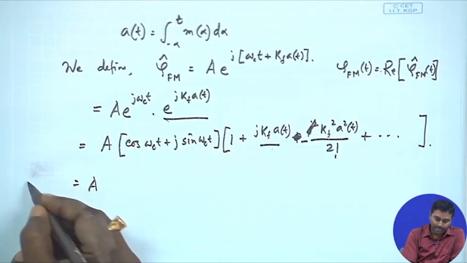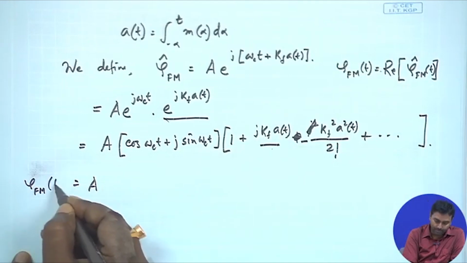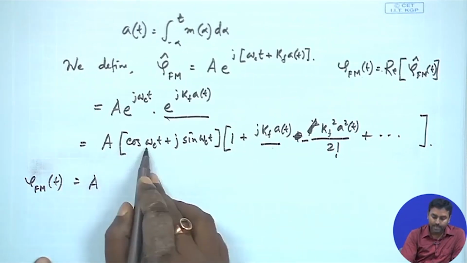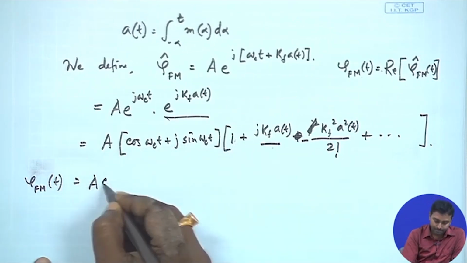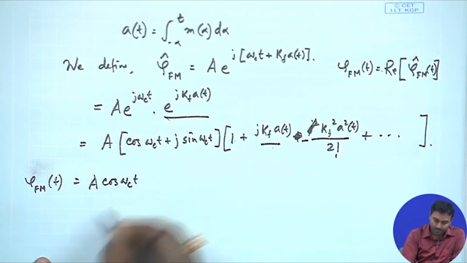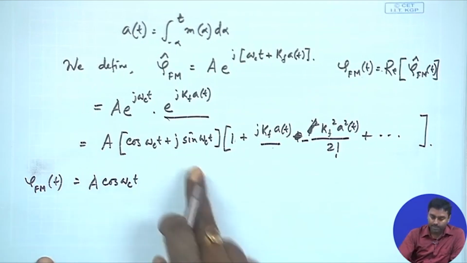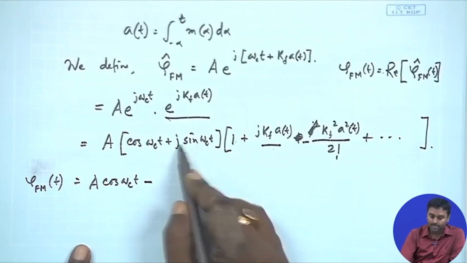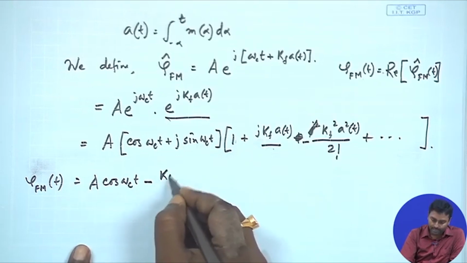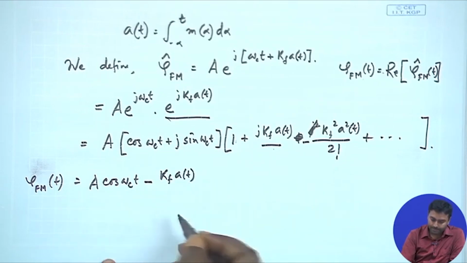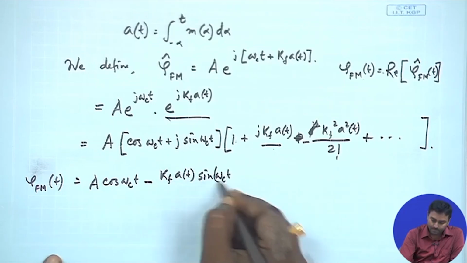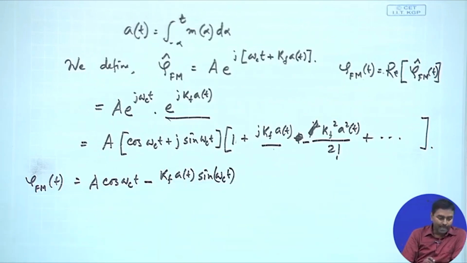So, immediately I can write phi_FM(t) from this understanding. I will just take all those multiplications where I have real terms. The first one will be A cos omega_c t into 1. The second term should be this multiplied by this, that must be minus, because j square gives minus: minus k_f a(t) multiplied by sin omega_c t, and so on.